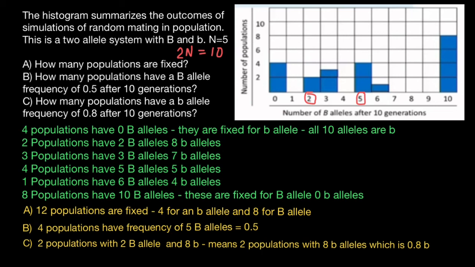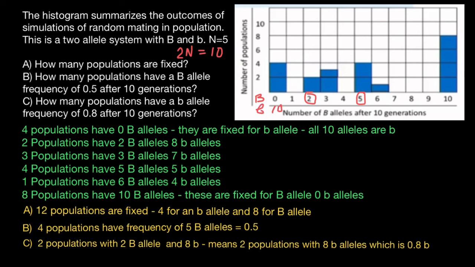Probably I should have done it at the very beginning, but all these numbers represent the number of dominant alleles. So let's put dominant allele B here. For example, here it is 0, and that means that here we have 10 alleles which are recessive.